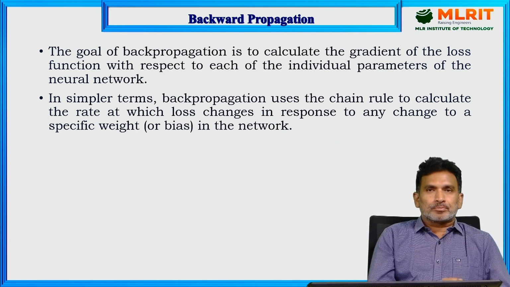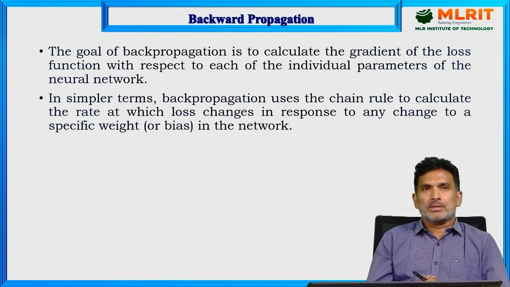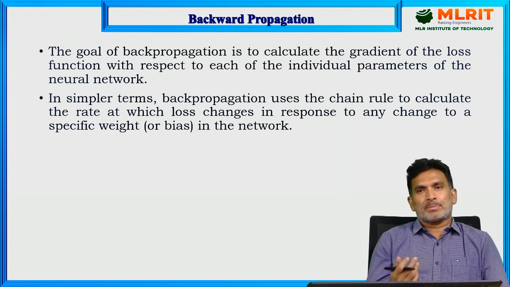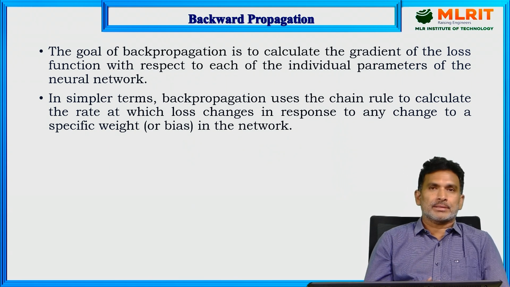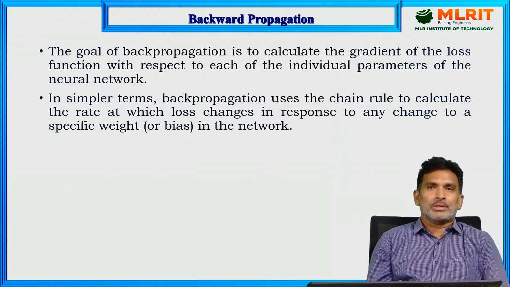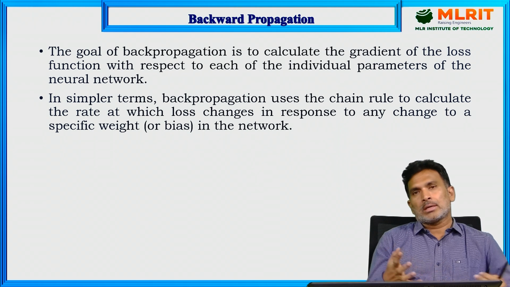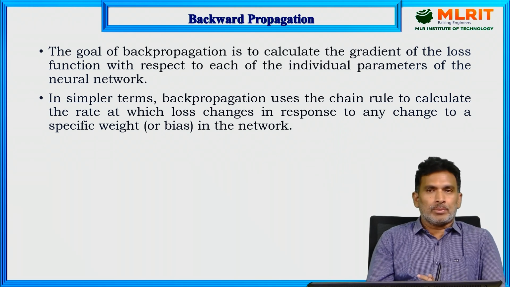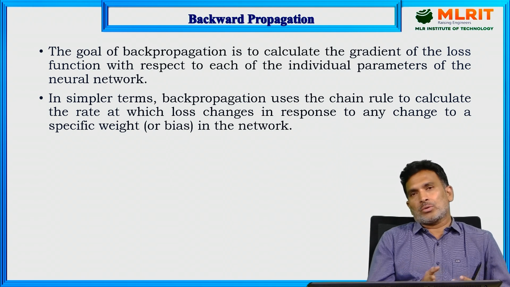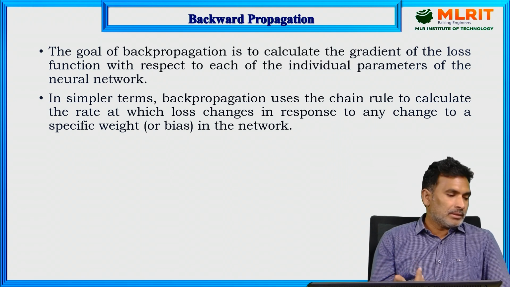So the gradient of the loss function with respect to each of the individual parameters of the neural network, with respect to weights, with respect to the biases, etc. In simple terms, back propagation uses the chain rule to calculate the rate at which loss changes in response to any change to a specific weight in the network. As we discussed, what are the parameters contributing to that particular error, and that chain needs to be identified so that the adjustment would be done.